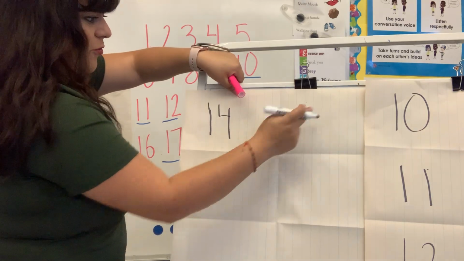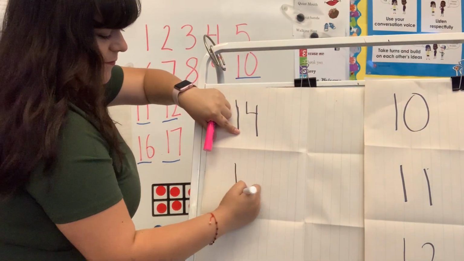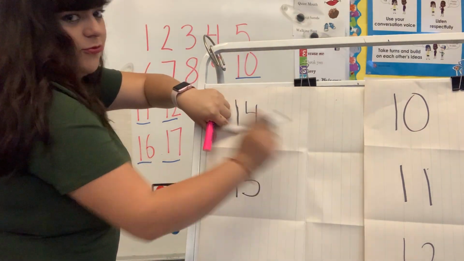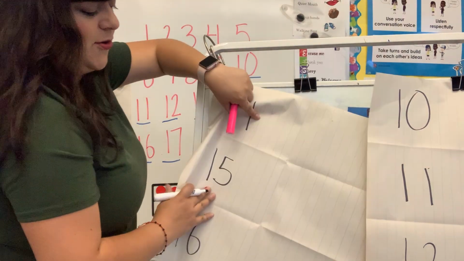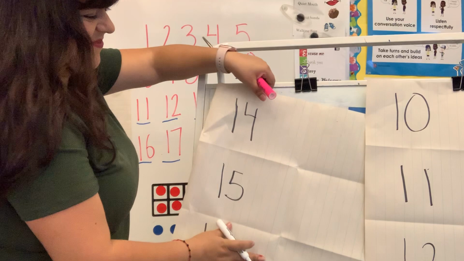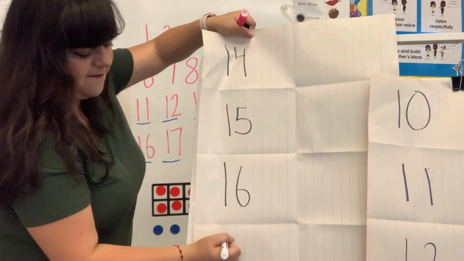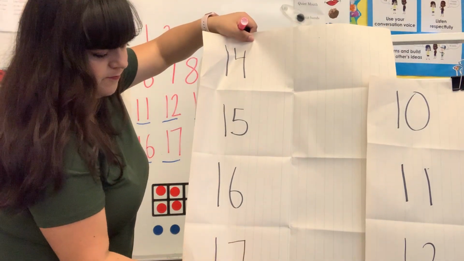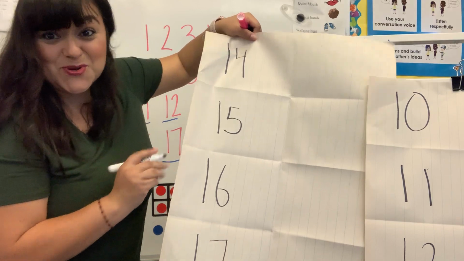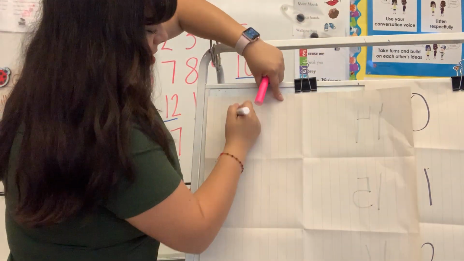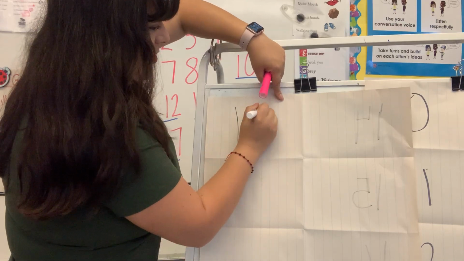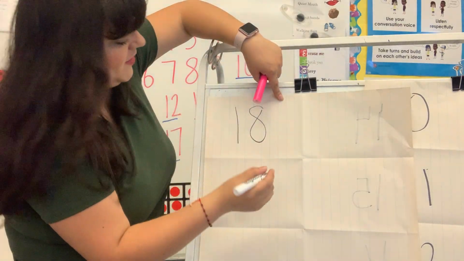14, you draw it. 15, draw it. 16, you draw it. 17, guess what? You draw it. I'm gonna turn it around. 18, you draw it.